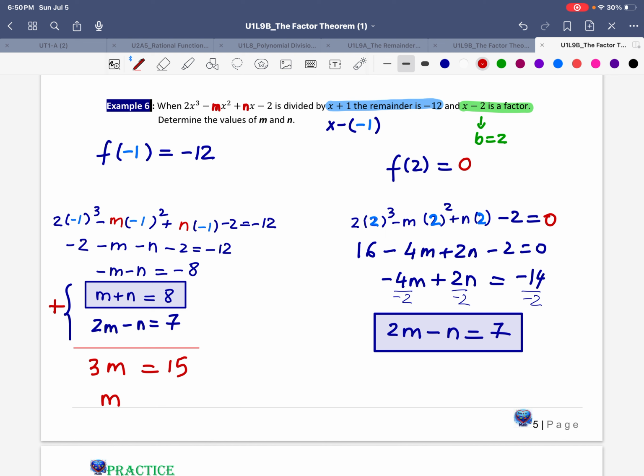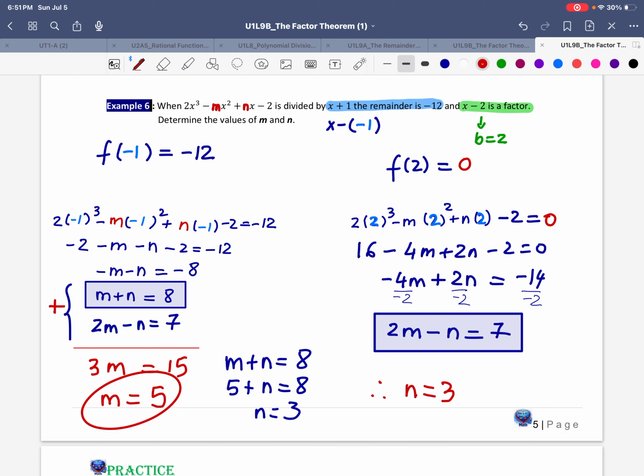So m equals 5. So if m plus n equals 8, and m is 5, that will make n equal to 3. So therefore, we're going to say that n equals 3. So the answer will be m equals 5 and n equals 3.